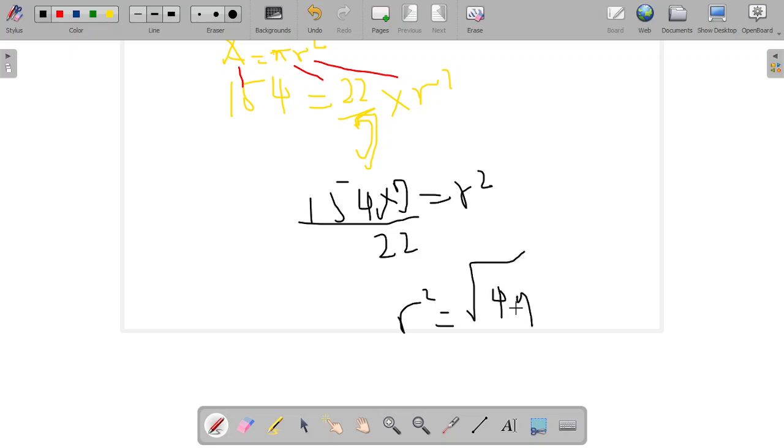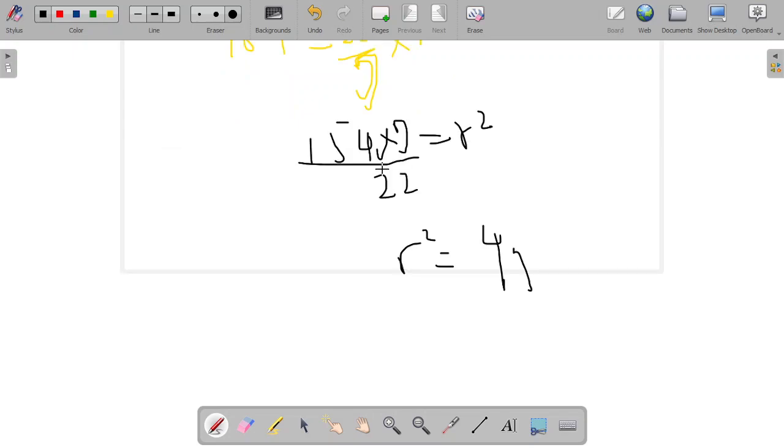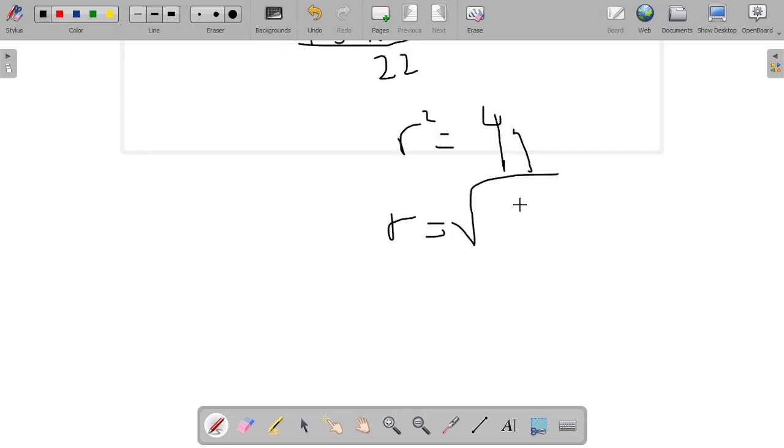Then r is equal to the square root of 49. Then we get r as 7.